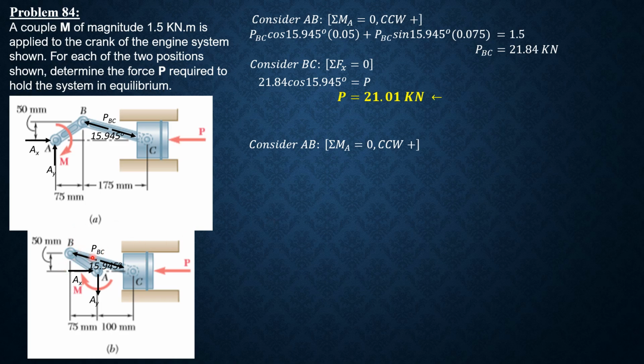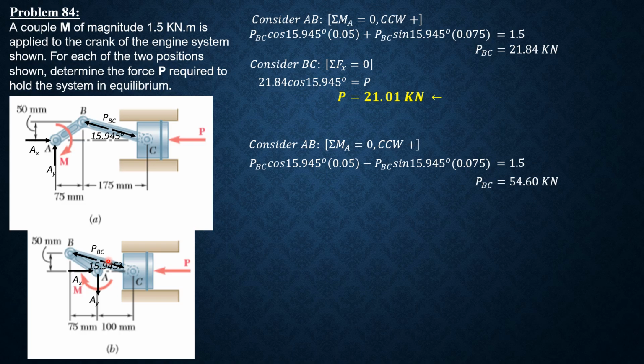So horizontal component PBC cosine of 15.945 times 0.075 minus PBC sine of 15.945 times 0.05... then equals clockwise moment 1.5. So solving for PBC, PBC is 54.6 kilonewton.